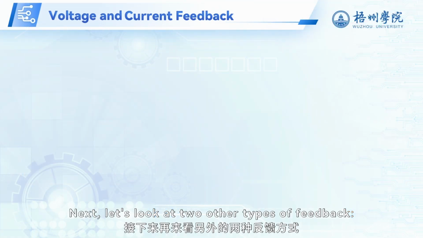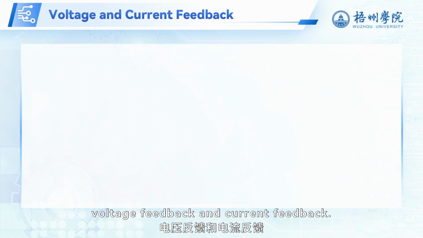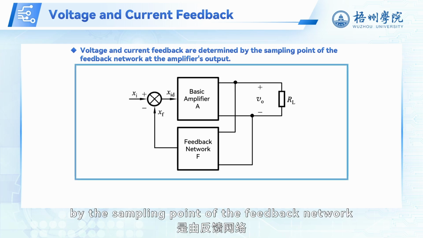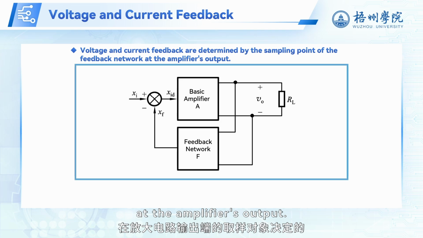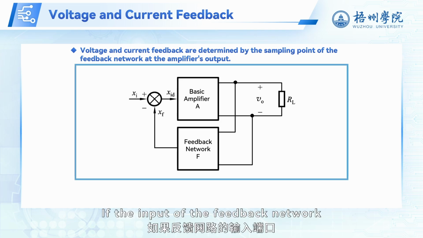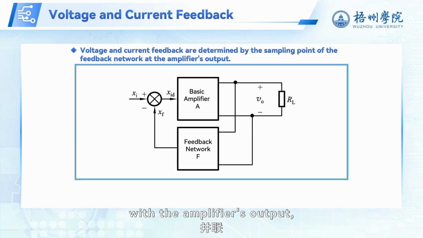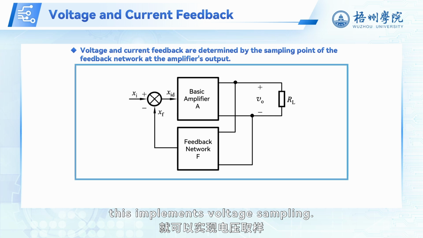Next, let's look at two other types of feedback, voltage feedback and current feedback. Voltage and current feedback are determined by the sampling point of the feedback network at the amplifier's output. If the input of the feedback network is connected in parallel with the amplifier's output, as shown in the diagram, this implements voltage sampling.